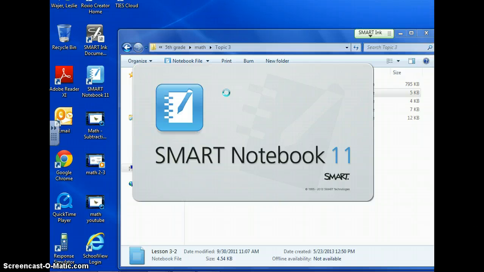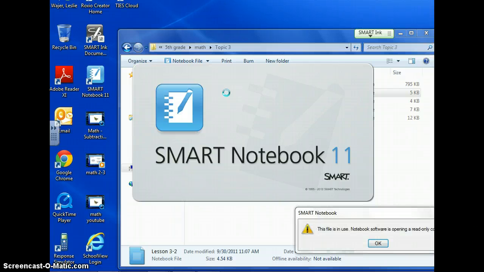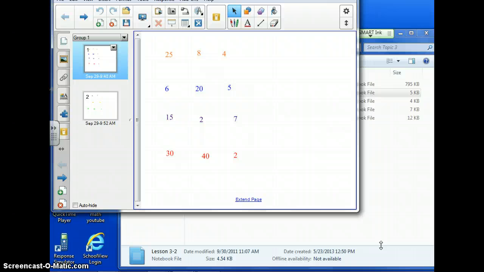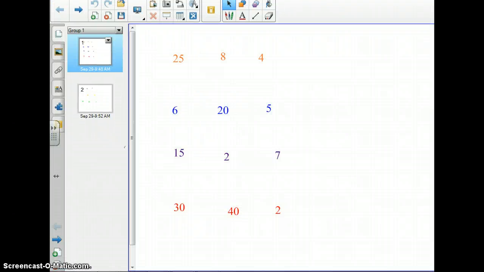All right, this problem you can write on your board. It's the top one. 25 times 8 times 4. Please write it in the center of your board, not at the top, so that you have room to connect your numbers.